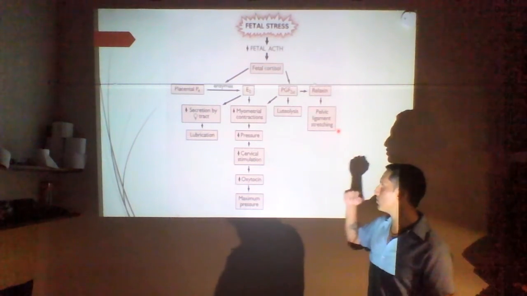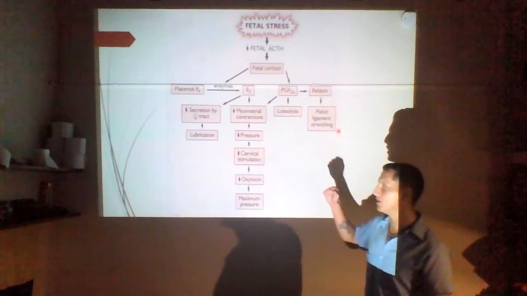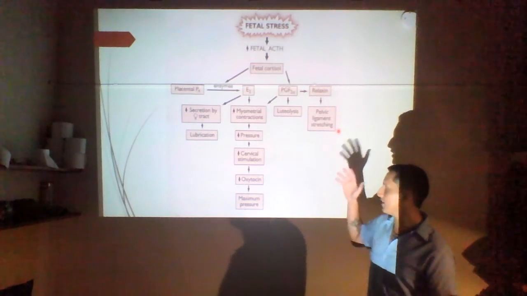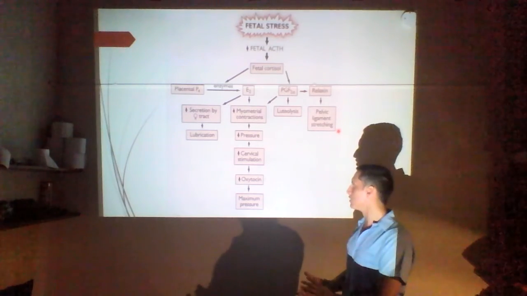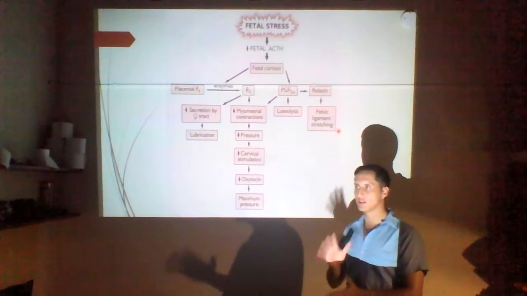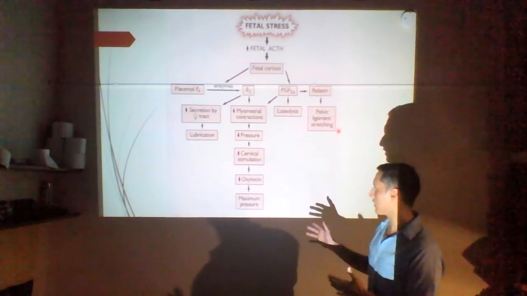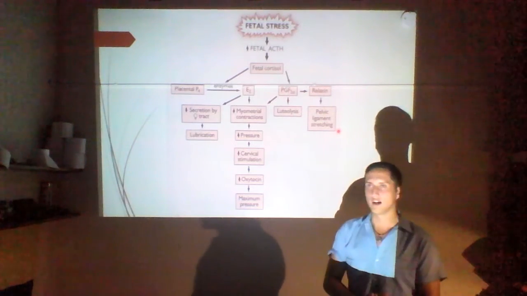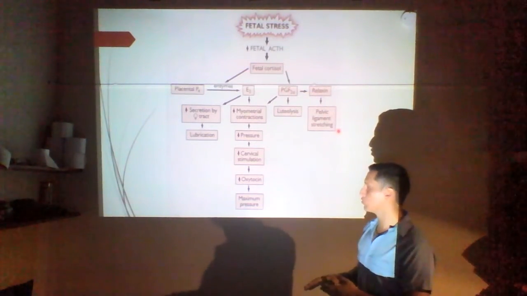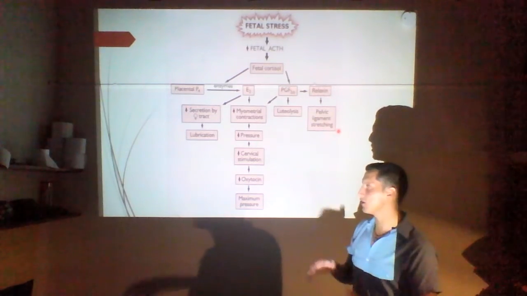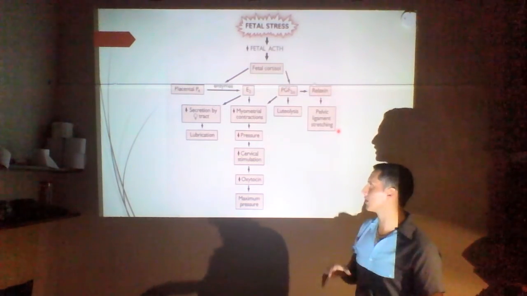Thereby, there's going to be cervical stimulation and cervical pressure. This cervical pressure is going to send signals to the hypothalamus, and the hypothalamus is going to produce a new hormone called oxytocin. This oxytocin is going to cause maximum pressure in order for the neonate to go out, and also to enlarge all the female tract.